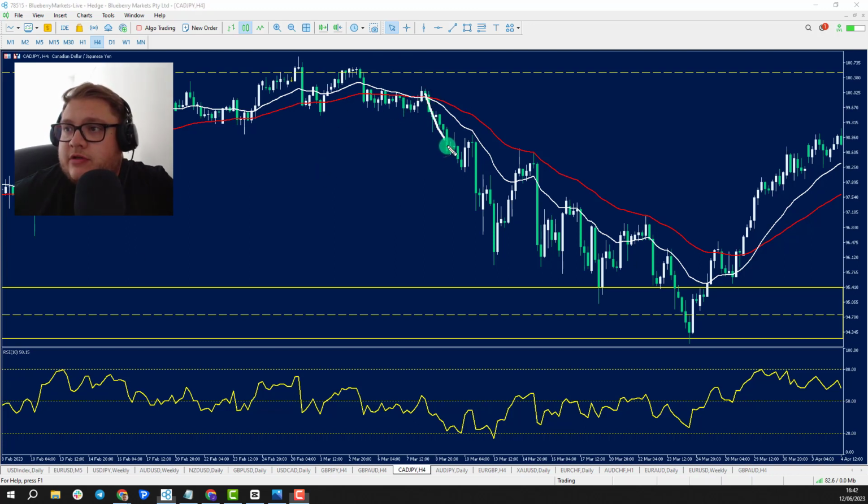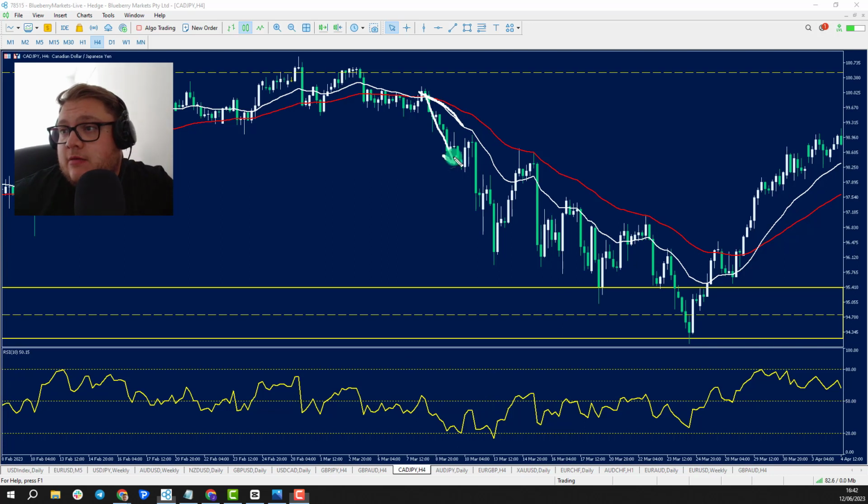What happened when price started to drag lower was the moving averages then crossed, obviously because the moving averages are an indicator driven from price. Price is always going to be the leader, the indicator is always lagging. It's the average of 20 candlesticks and the average of 50 candlesticks, and these eventually cross, giving us a potential opportunity to have a look at any downside movements here.